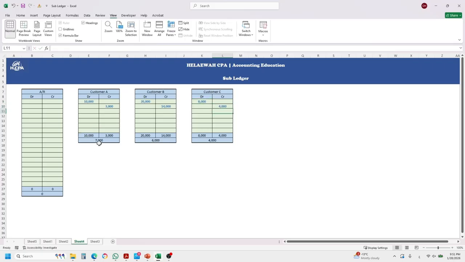As you can see, each customer has its own balance, and then when we move it here, you're gonna see that total accounts receivable updated based on every transaction.